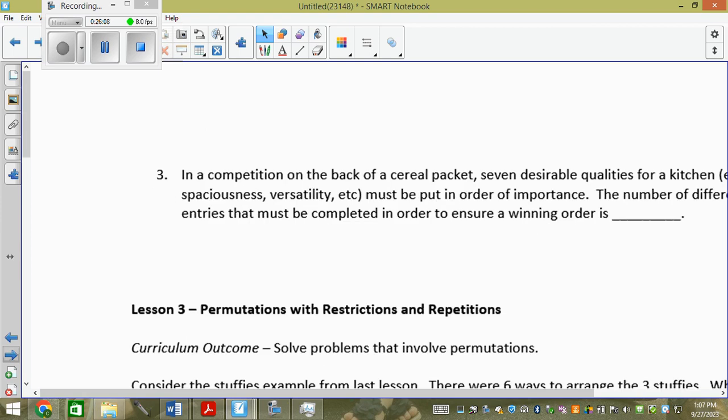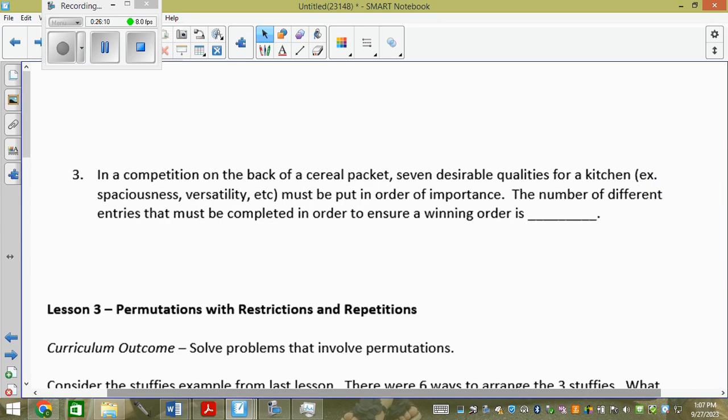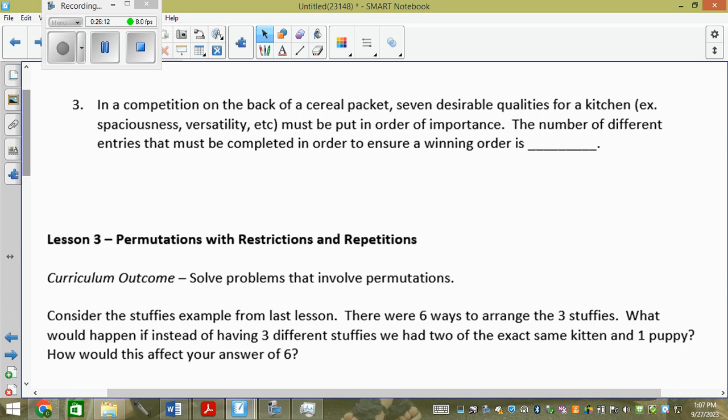In a competition on the back of a cereal packet, 7 desirable qualities for a kitchen, for example, spaciousness, versatility, etc., must be placed in order of importance. If I'm placing it in order, I can look at it. So I draw lines. The number of different entries that must be completed in order to ensure a winner. How many different qualities could be here? 7, then 7 again?